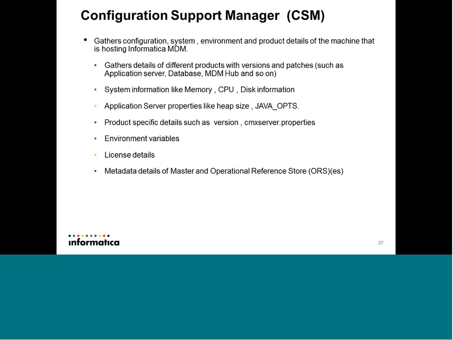It will provide product specific details such as version information, the CMX server properties, CMX cleanse properties, and the log4j details for both the hub and the client server. This will help us isolate issues easily if we find that a specific property is missing or incorrectly populated in any of the CMX server or CMX client properties files.